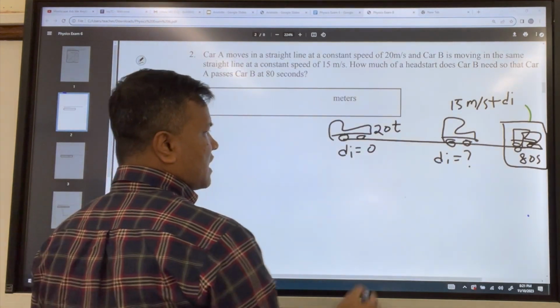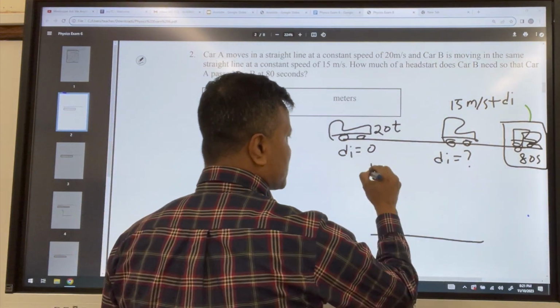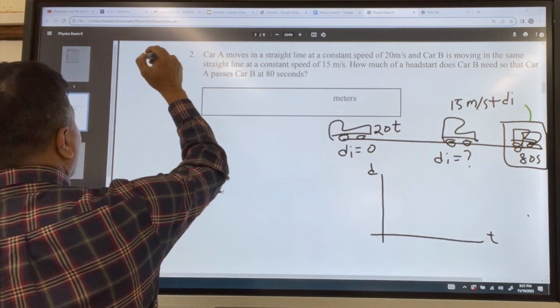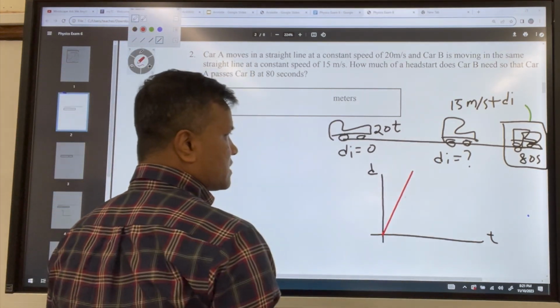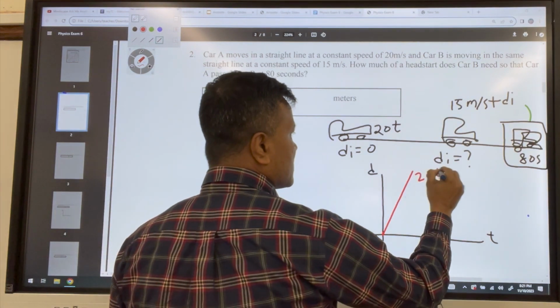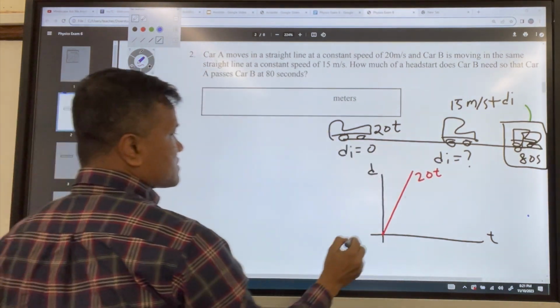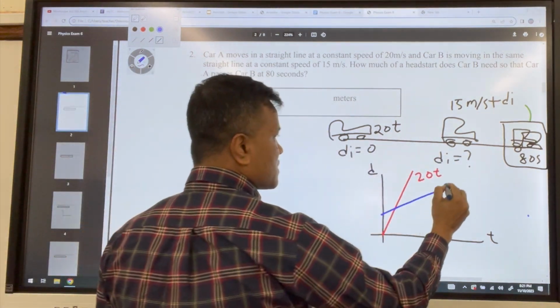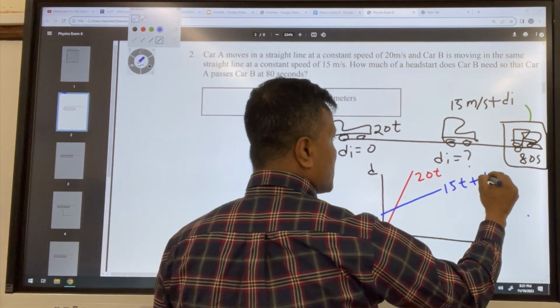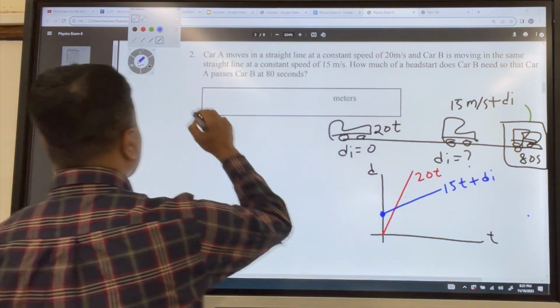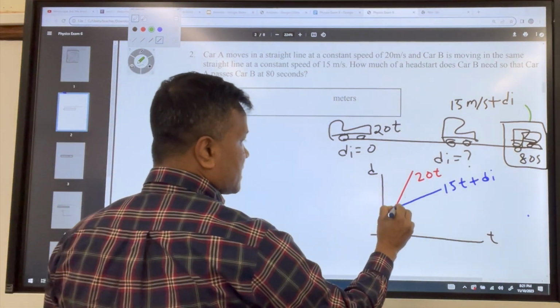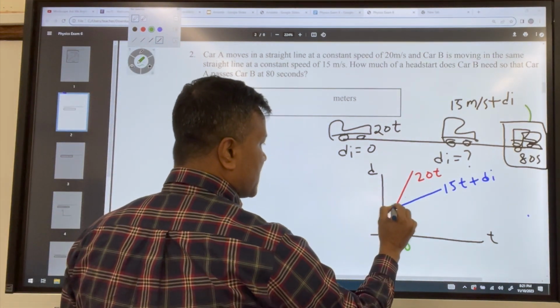Maybe the graph will help you understand better. Car A has a higher slope, right, because it moves faster. Car B has a lower slope, right, because it moves slower. So this must have some d initial, which is over here, so that at 80 seconds they both meet.